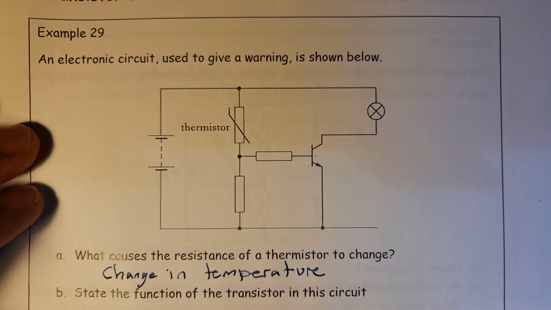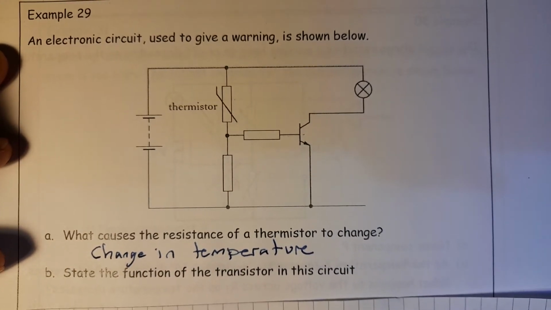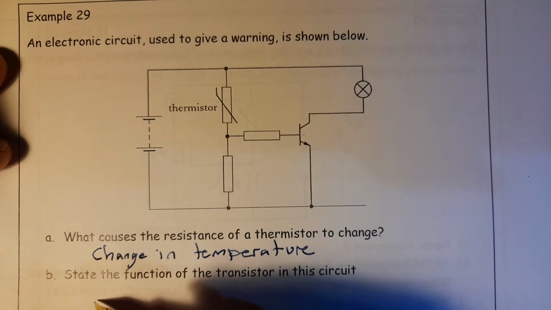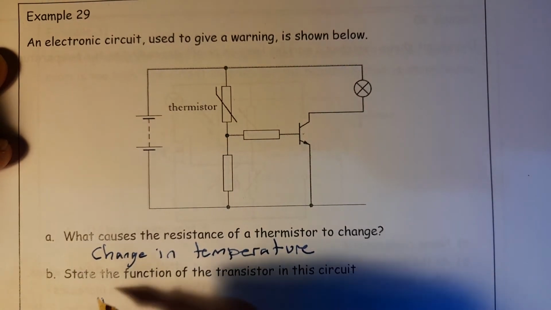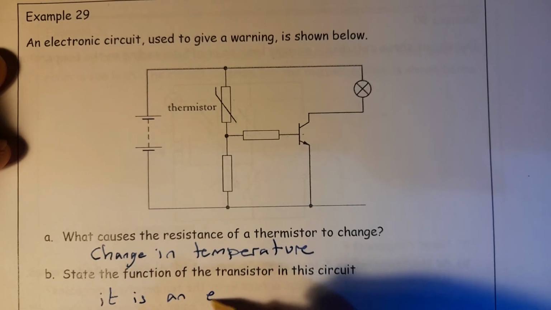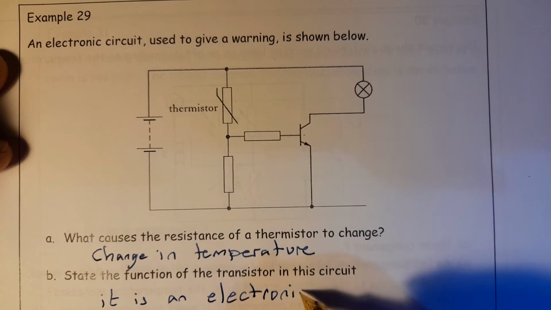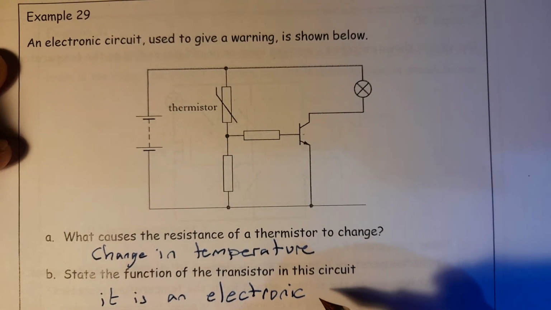State the function of the transistor in this circuit. At National 5, we always use transistors as an electronic switch. There are other uses of them, but this is how we use them in N5.